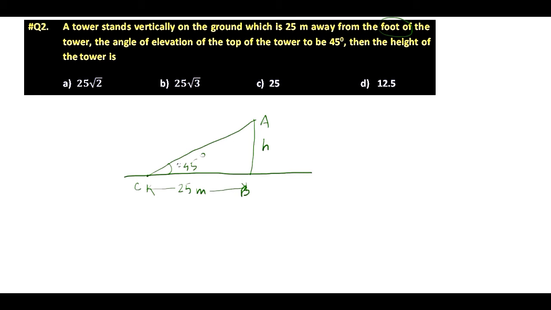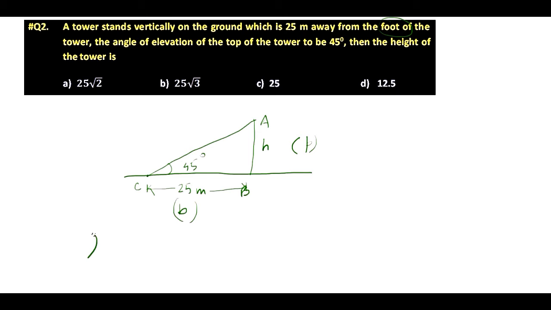So the angle of elevation of the top of a tower as viewed from a point C, which is 25 meter away from the foot of the tower, is 45 degree. You have to find the height of the tower. Now you see which quantity you need. With reference to 45 degree, what is this h? Even if I have written h, this will be the perpendicular in our notation.